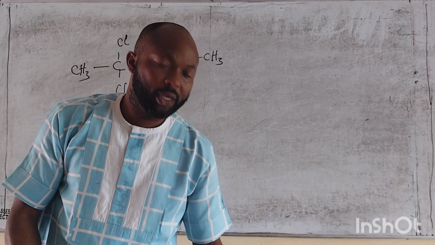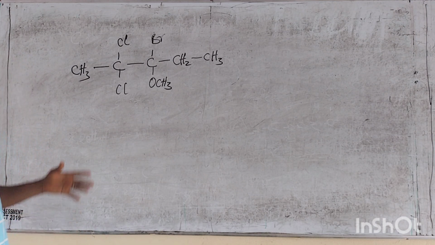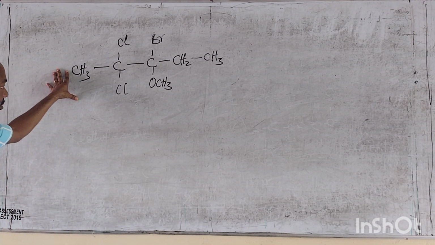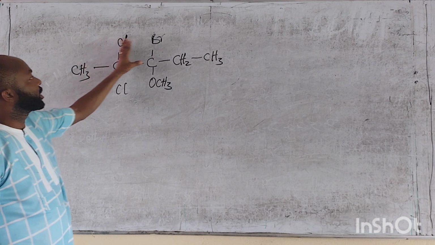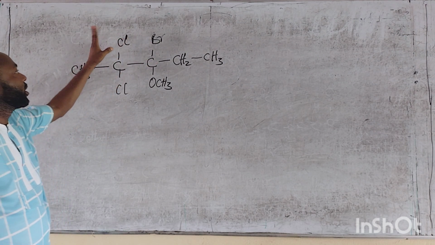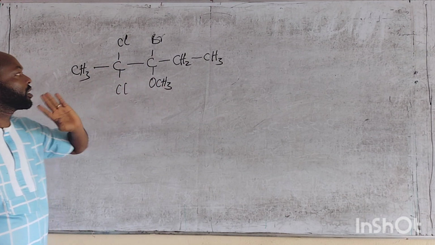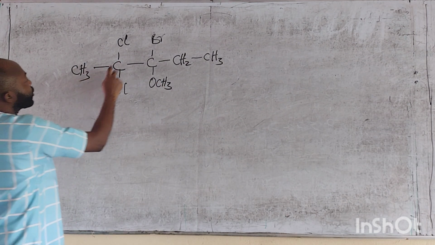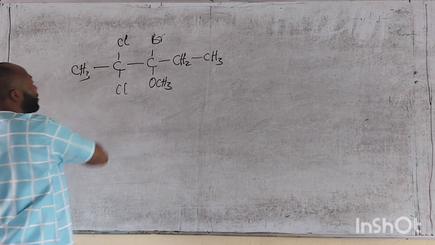So first, let us identify our parent chain. Then we name them accordingly. Now, if I want to start from here, this is bromine, this is chlorine, this is methoxy. So from here, 1, 2, 3, 4, 5 is my parent chain, or 1, 2, 3, 4, 5.